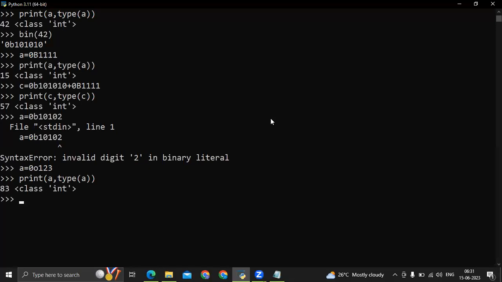It's 83. Now if I write A is equal to 0o27, then print A, type of A, it is 23.